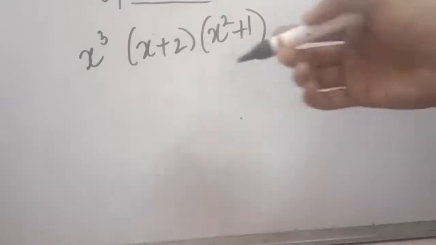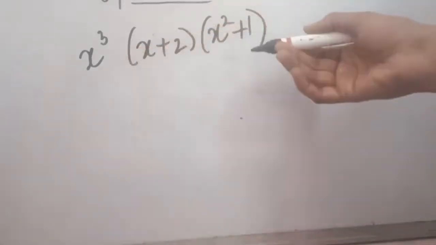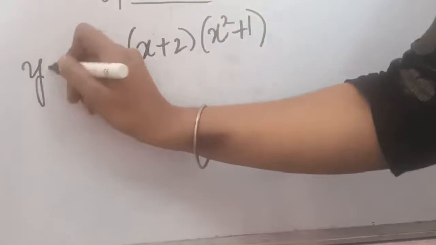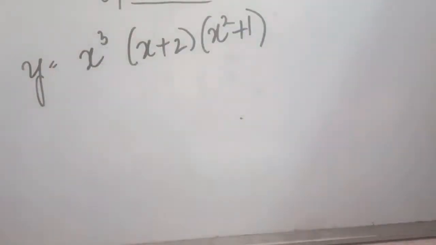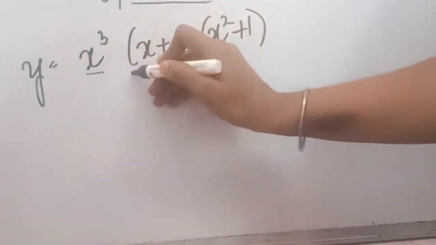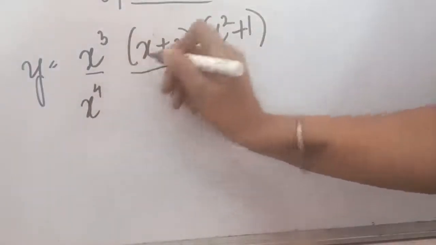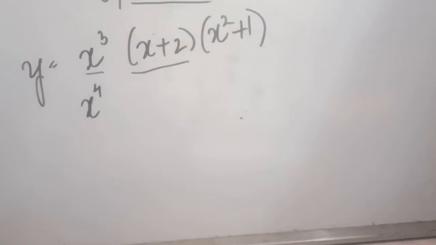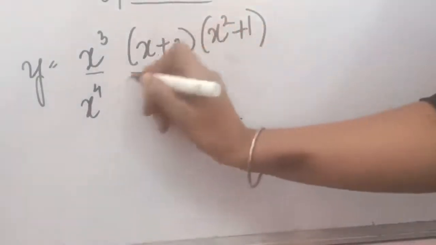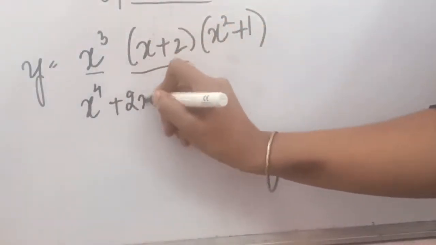Another type of question can be when three things have to be multiplied. This is also similar to what we have already done. So we can first multiply this portion with the first bracket. When we multiply x power 3 and x power 1, when bases are the same, powers can be added. So it will be x power 4 plus 2x cube.